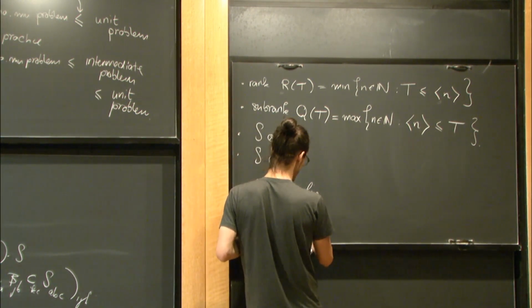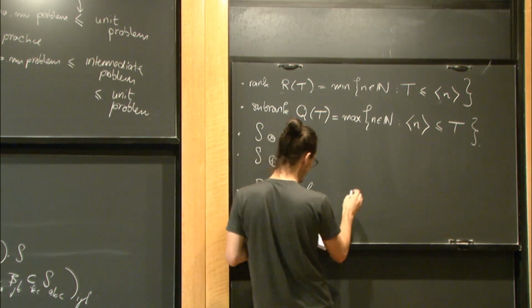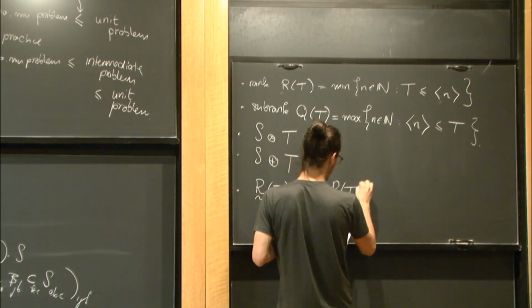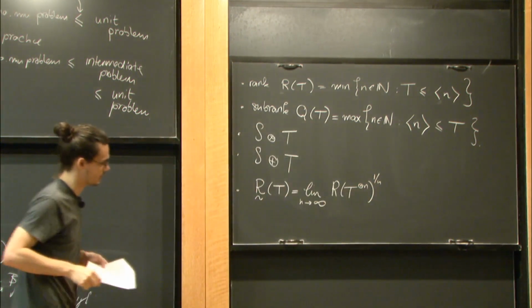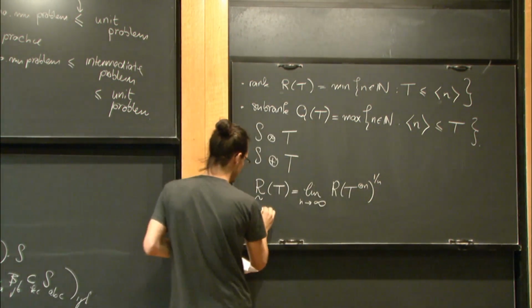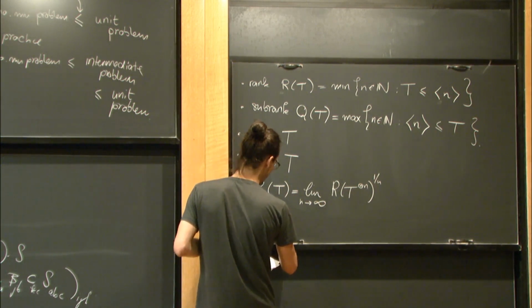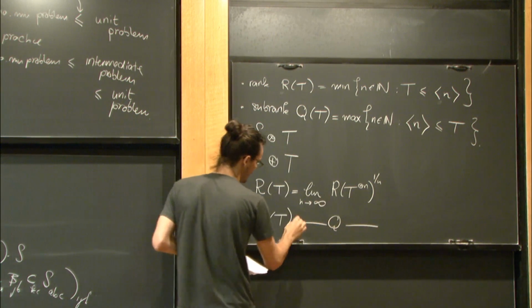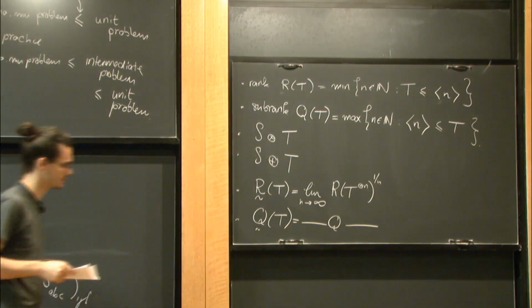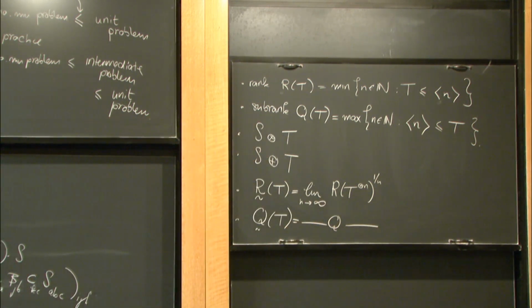So this is the asymptotic rank. Take the rank of T to the power n, to the power 1 over n. You let n go to infinity. And we did the same thing for subrank. Right, so that's asymptotic rank and asymptotic subrank.